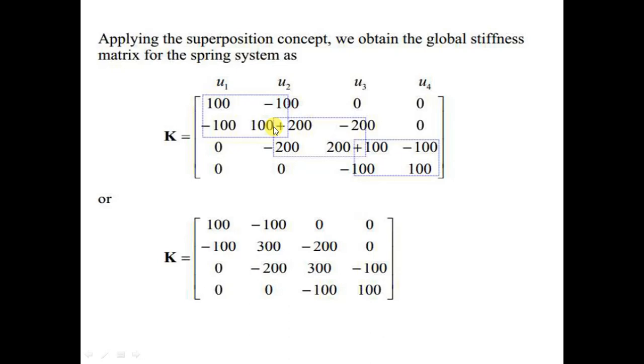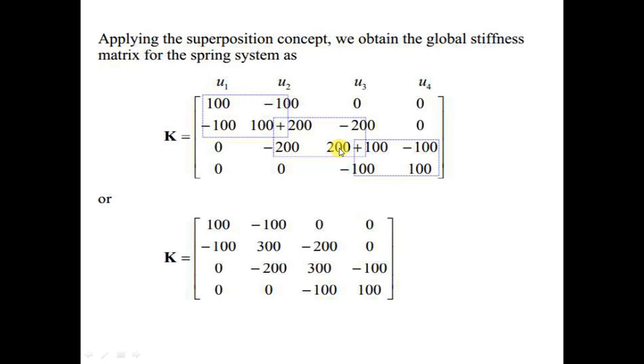Element 2 is connected by nodes 2 and 3, so it goes in the second row, second column, third row, third column. So the 100 already written here plus 200 from the element 2 stiffness matrix, minus 200, minus 200, plus 200.